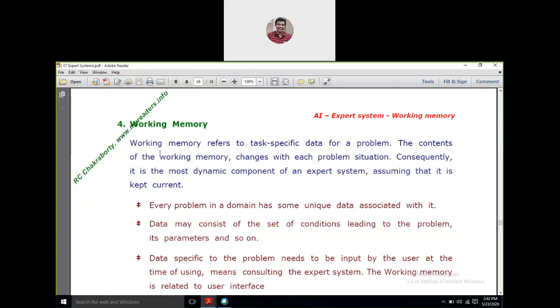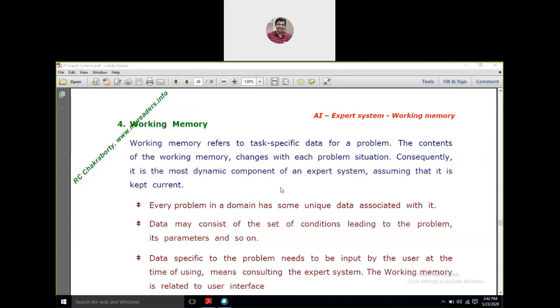That means the given set of information excluding the rules, as well as the information that is deduced, that is inferred using my given set of information as well as the given set of rules, I can have the working memory for it, right?